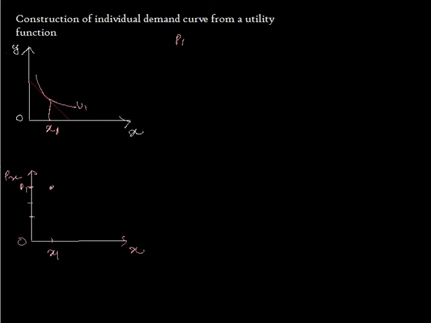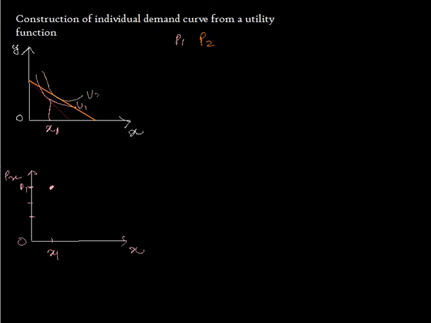Now we need to find some other points. So we will reduce the price from P1 to say P2, clear? The price of the commodity reduces from P1 to P2. Remember that this is the reduction in price which is going on. Hence our budget line will get tilted towards the x-axis, and our new indifference curve would be like this.